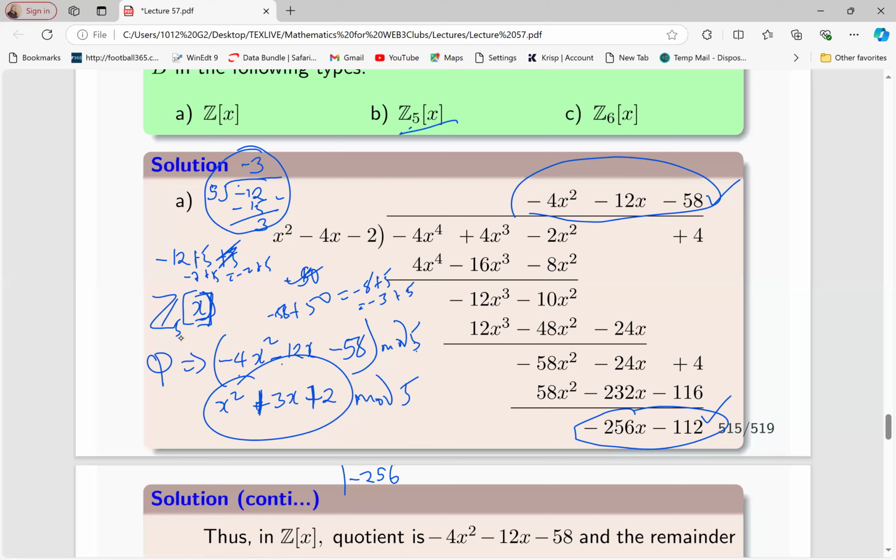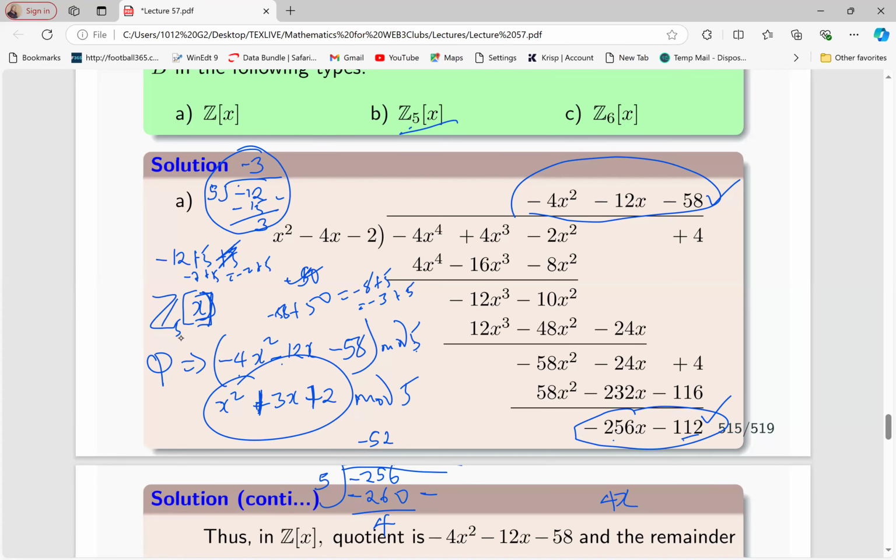Negative 52 times 5, you get negative 260. When you subtract this, it's the same as taking negative 256, then adding 260. What you get is 4x.